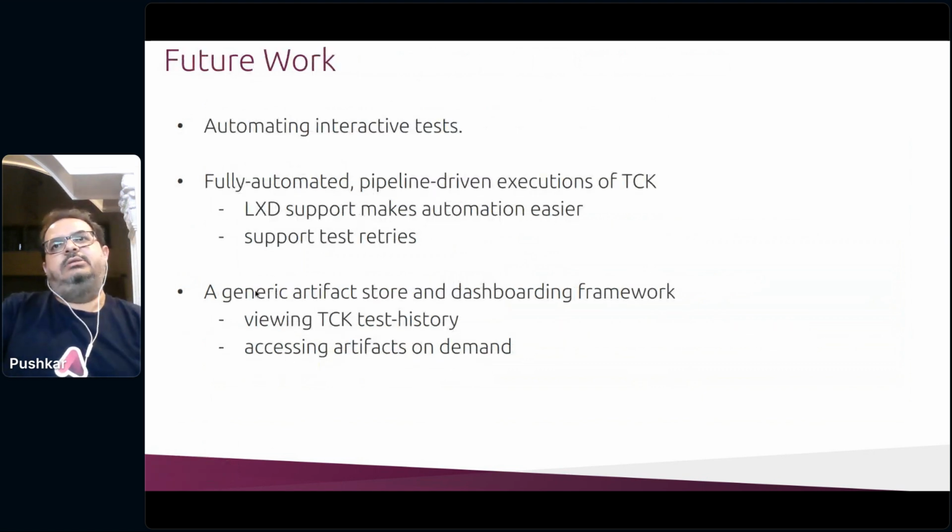This slide is about the future work that we hope to do and contribute back to the Adoptium community. The priority here is a dashboard and a generic artifact store, which can help you view your TCK test history and access artifacts on demand.